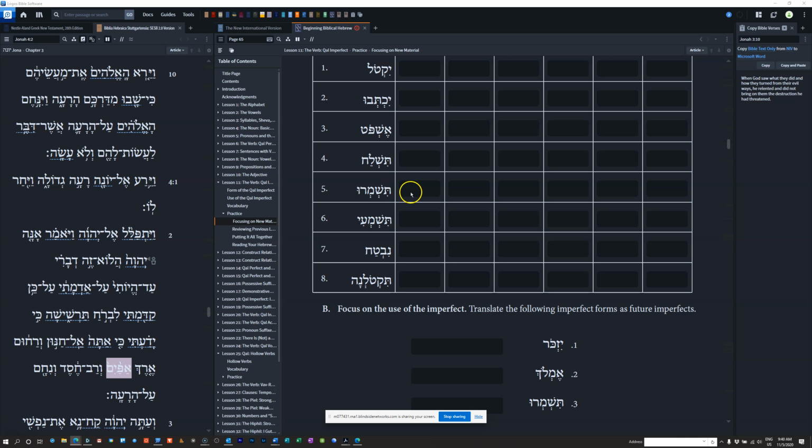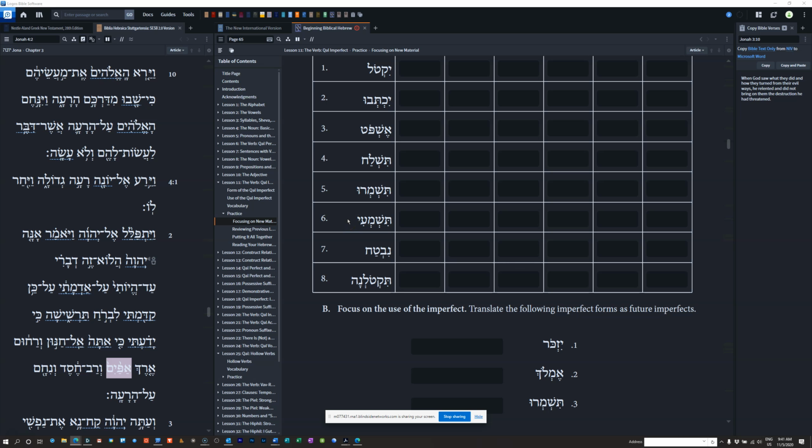That means our only option here is the 2MP. This is going to be Qal imperfect 2MP of shamar. Of course, shamar means he kept, or he watched, or he observed, or he guarded. And so tishmeru is going to be you all, masculine plural, will guard, keep, observe, watch.